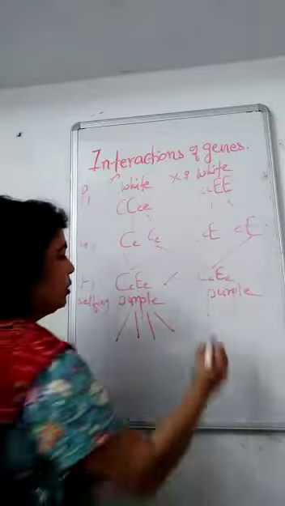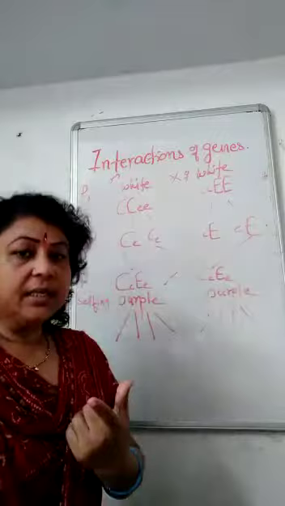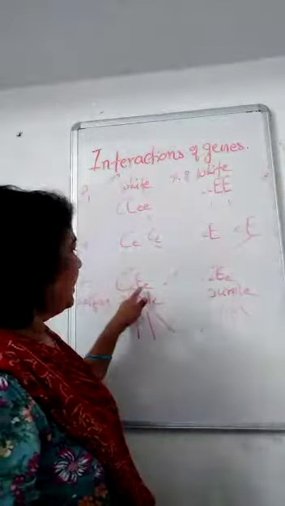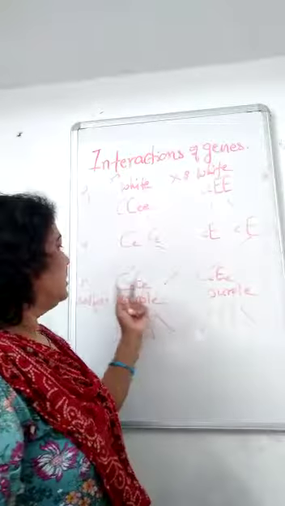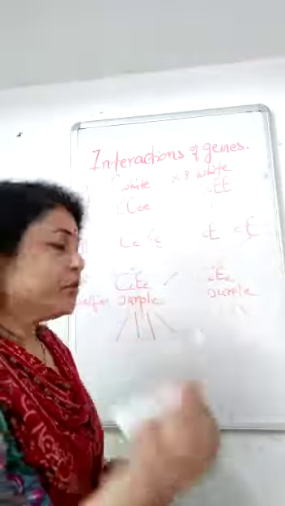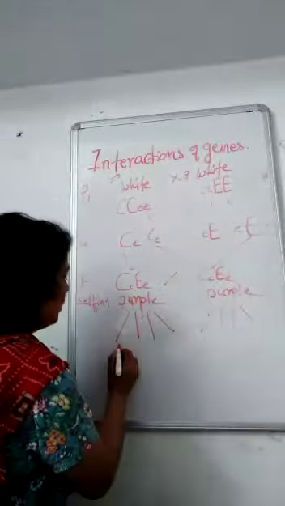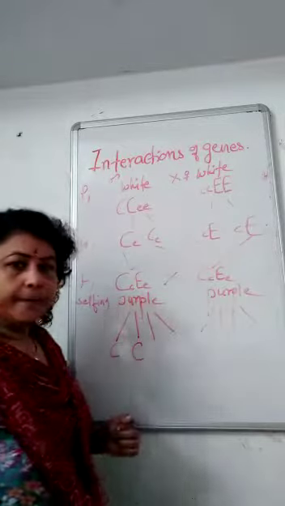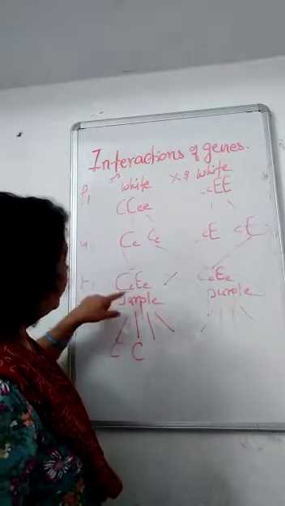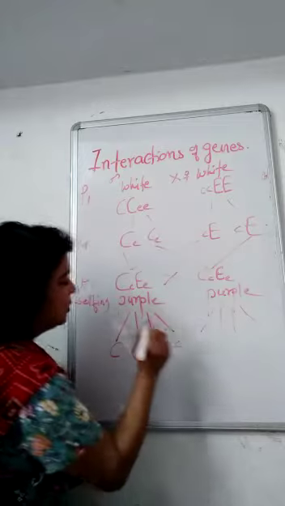Okay. So how to draw the gametes? There is one trick. Okay. So there are the 2 genes, C and E. And each has 2 alleles, capital C, small c, capital E, small e. So first of all, take capital C in dominant condition. So capital C, capital C. And then the small c is taken into small c condition.